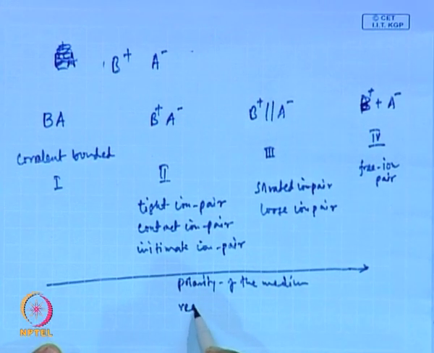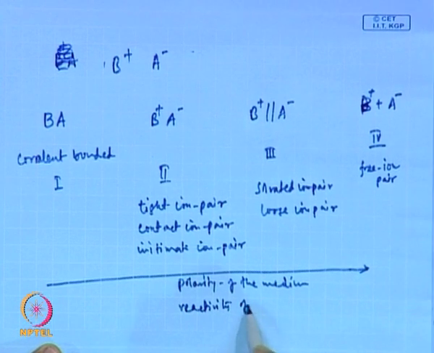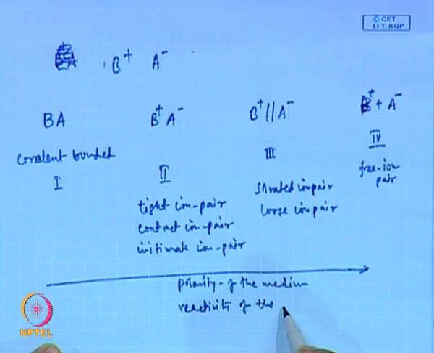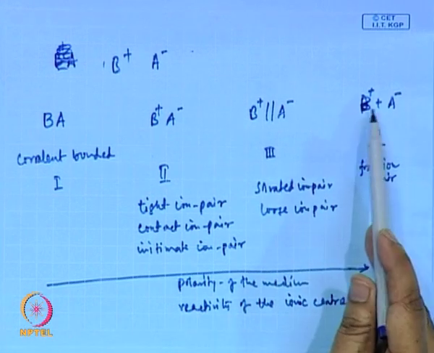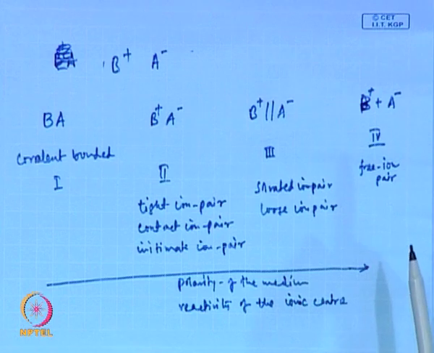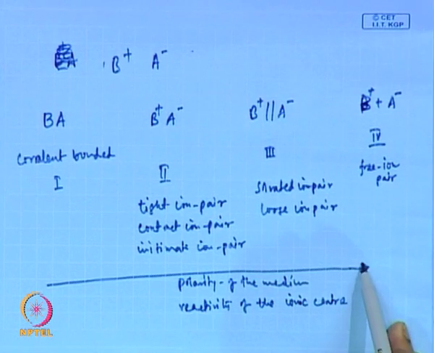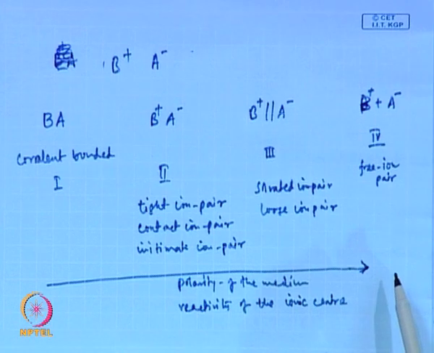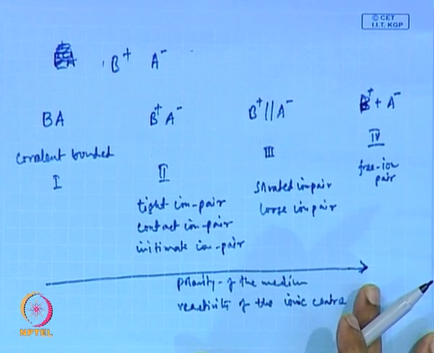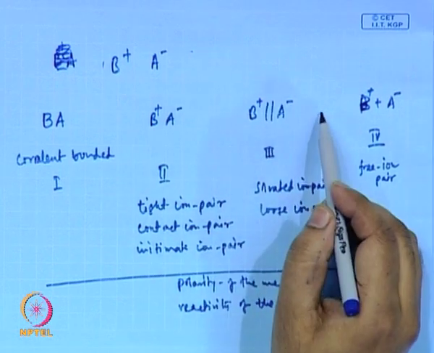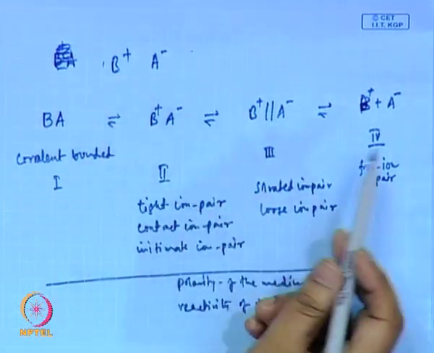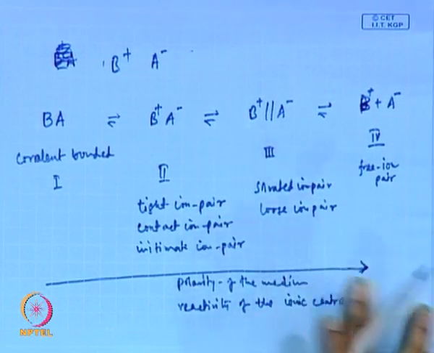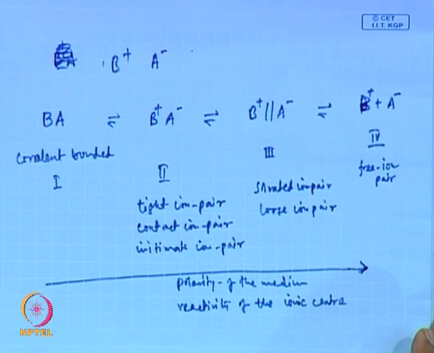So, as the reactivity of the ionic center increases, obviously the free ionic center becomes more reactive. In some cases these are not present in isolation, they actually remain in equilibrium, and the equilibrium shifts depending upon the polarity of the medium.